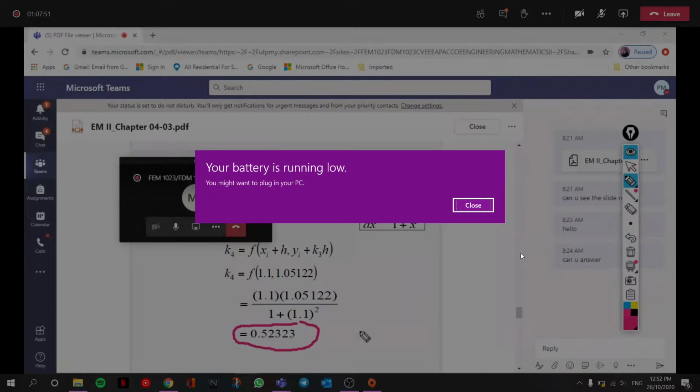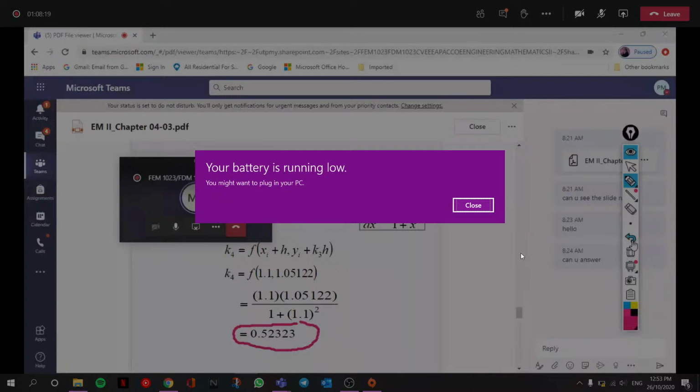It was not mentioned in the question how many decimal places, so it's up to you. But we don't want less than 4. Four decimal places up to 6 decimal places, because this is time consuming. If you round up, make it 5 decimal places. Okay, sir. Thank you. All right, welcome.